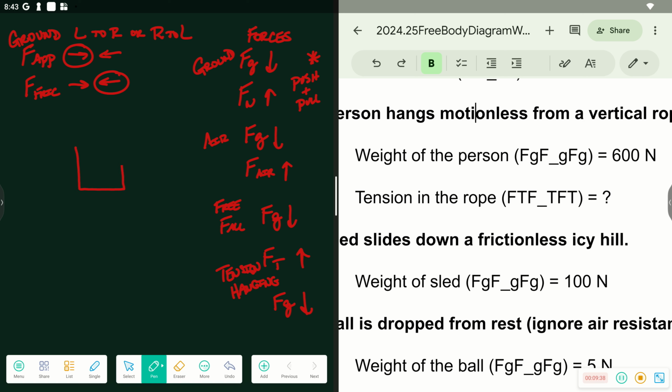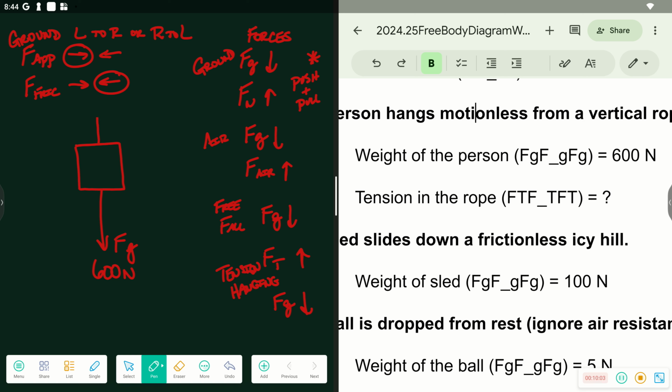So your force of gravity is what? 600 newtons. Key word in the problem, motionless. So if it's motionless, what does the net force have to equal? The net force has to equal 0.